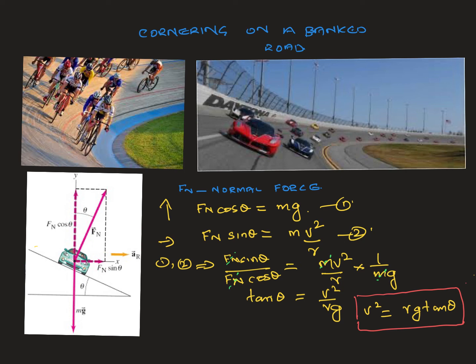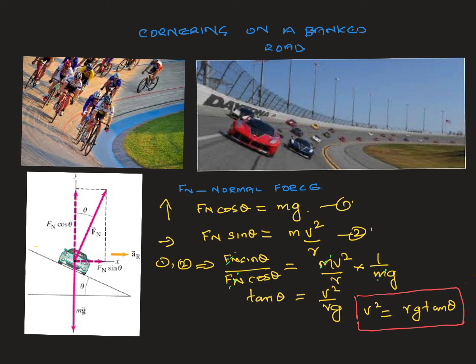So if you are asked to design a road, the main thing is that you are given the radius, or the area, the land that's for the track, and you need to find the angle to achieve a certain speed. It's a racetrack for cars, and say we need to achieve a speed of 300 kilometers per hour.